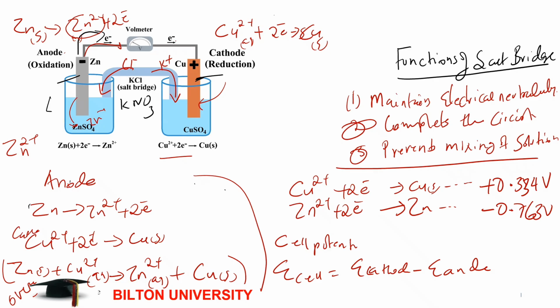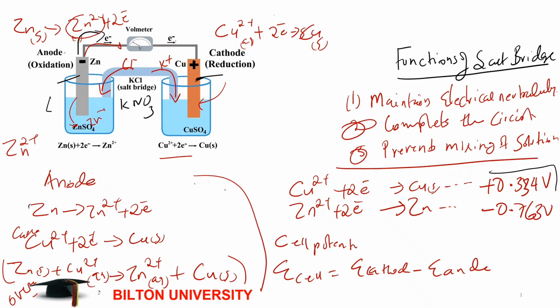What you need to do is look at the standard potentials, these values here. The one which is more positive is the one which is going under reduction. If you compare the two, we have +0.334 for copper and -0.763 for zinc. The +0.334 for copper is more positive than the one for zinc, so copper will remain in its reduction reaction.